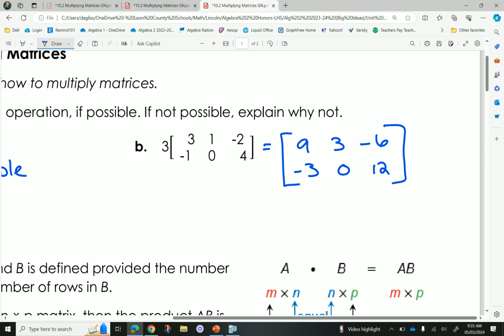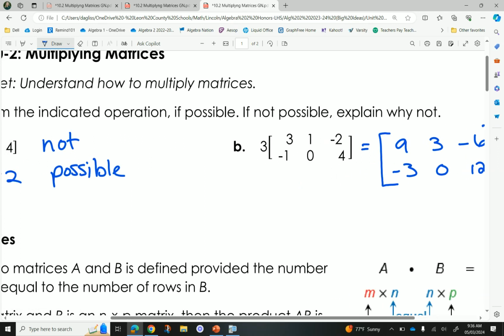So that was scalar multiplication. Today, we're doing matrix multiplication, which is different, and it has its own set of rules. Adding and subtracting had to be the exact same dimensions, same size, right? Scalar multiplication, no rule needed, just distribute that buddy all the way through.